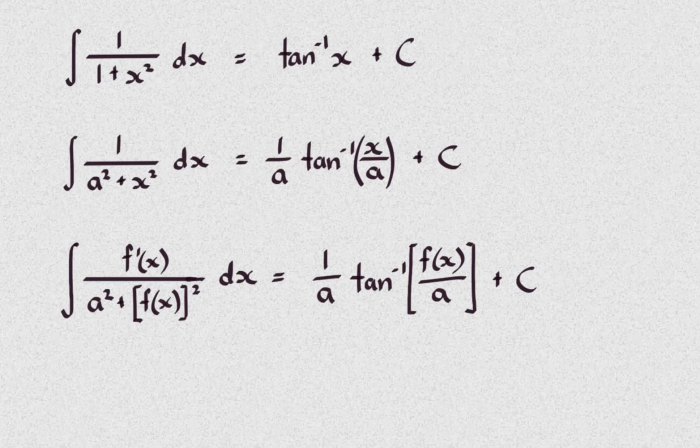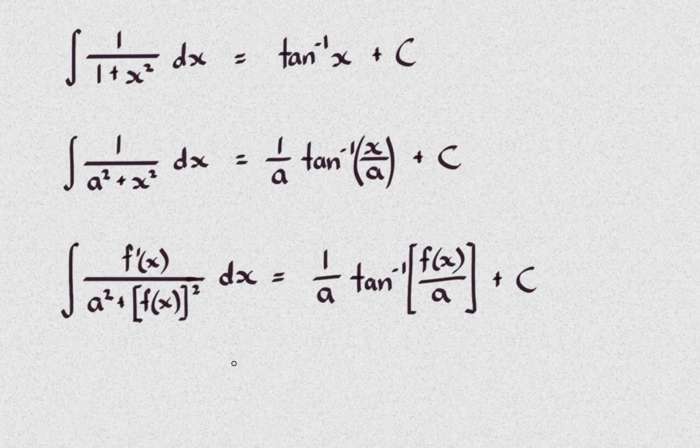But why have I been talking about these in the videos for integration by substitution? Well, sometimes we can evaluate these integrals not just by using the reference sheet and what we know about inverse trig functions, but also through appropriate substitutions.